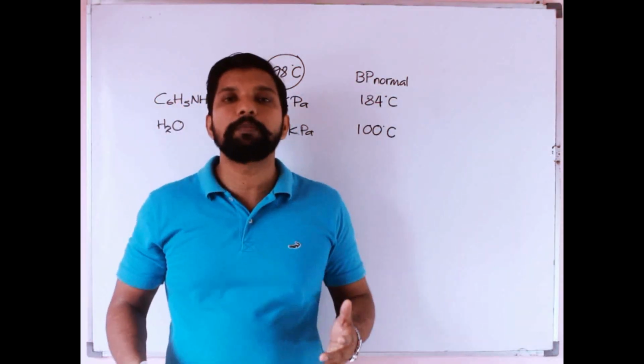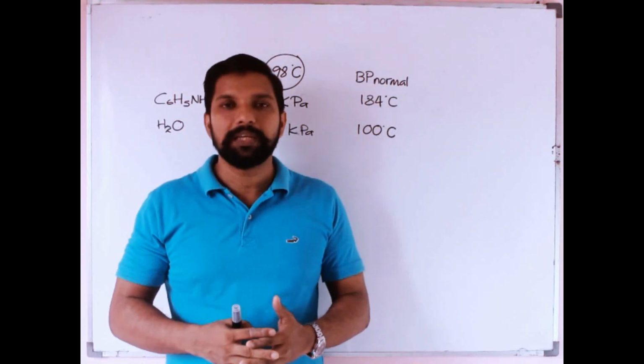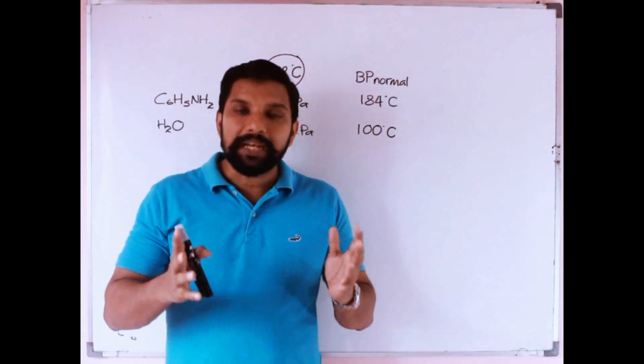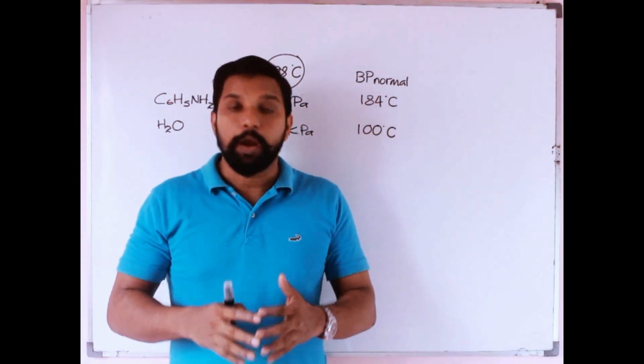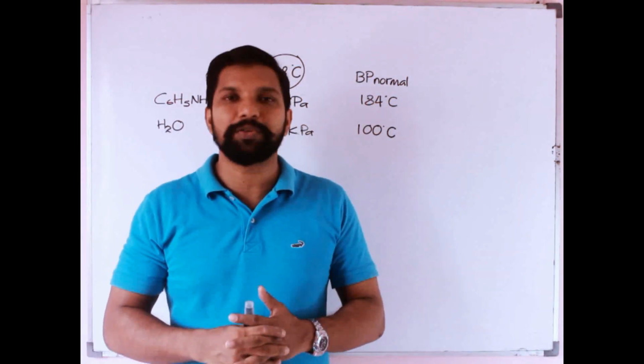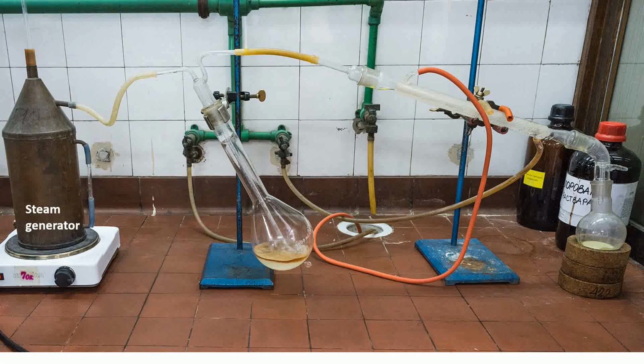So we have been talking about the theoretical concept of this. Let's move on to the practical aspect, or how we can carry out steam distillation and what apparatus to be used in the process. Water is boiled inside the steam generator and the steam is sent through the delivery tube into the round bottom flask. The safety tube makes sure the pressure is mediated.